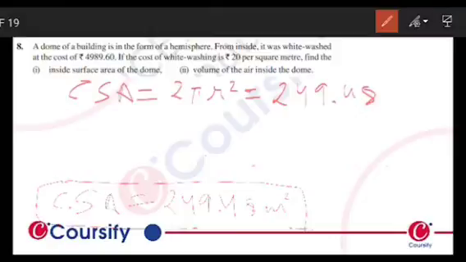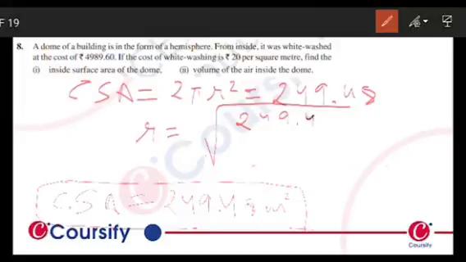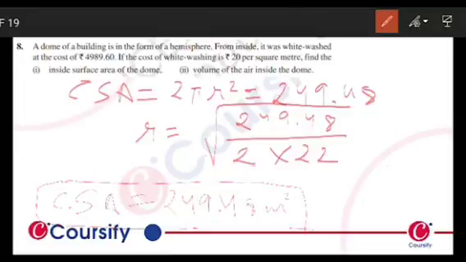So by replacing the terms we get r is equal to under root 249.48 divided by 2 into 22 by 7. So this will give us the value of r, that is equal to 6.3 meters.